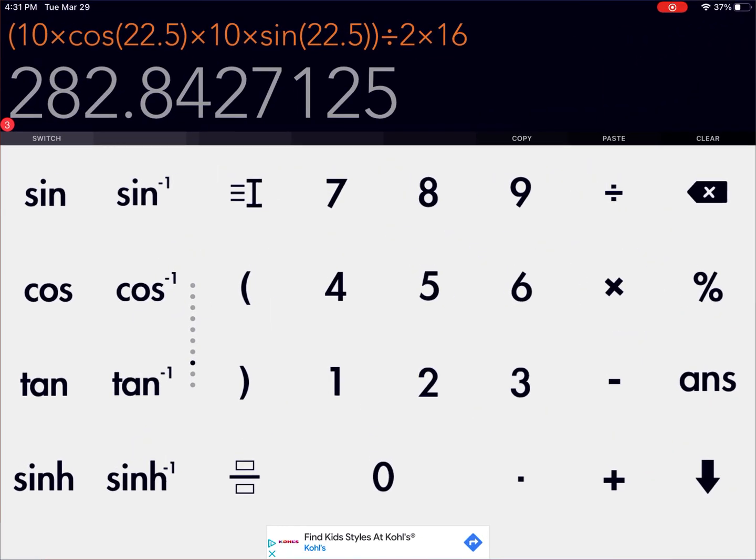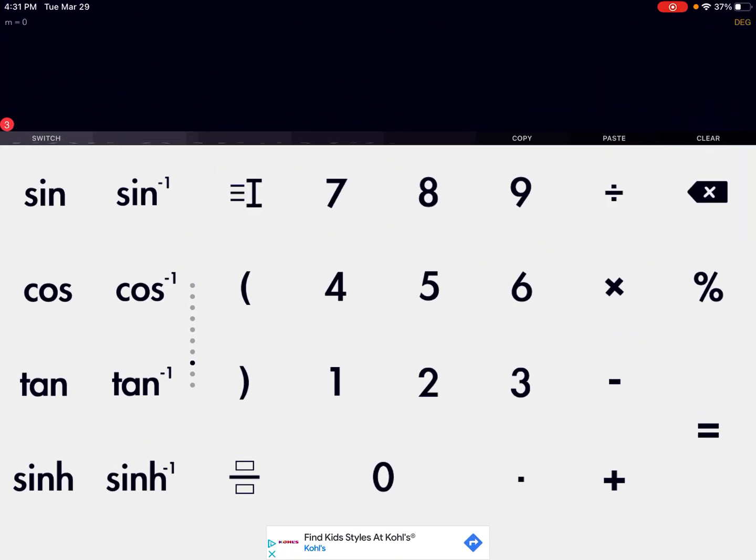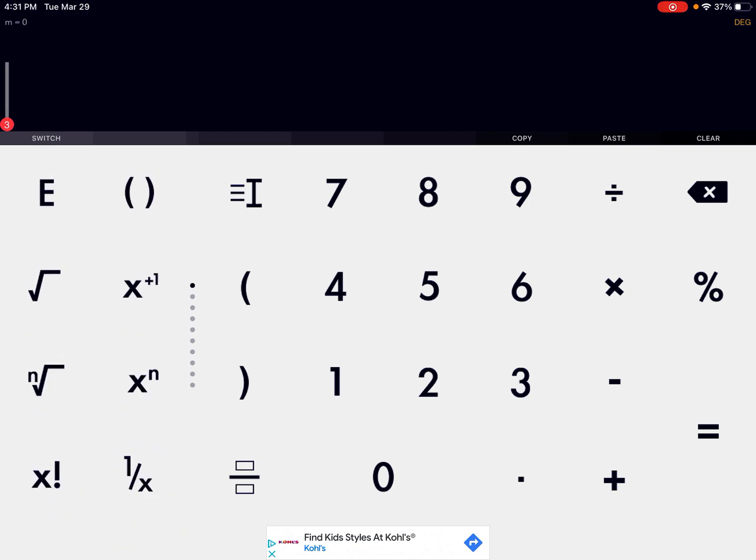So to do that, let's clear this. I'm going to need this function, and it's going to give me the cursor up there. I want to put my 3 there to make it a cube, and then I'm going to tap underneath the radical sign, or that cube root sign, and now I'm going to put in 8. Hey, look at that. We got out 2.